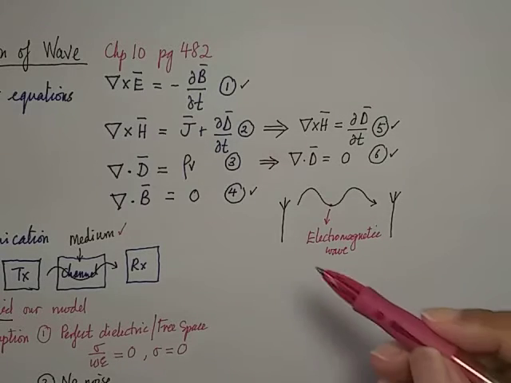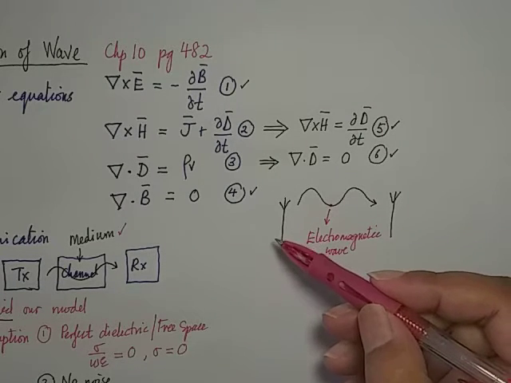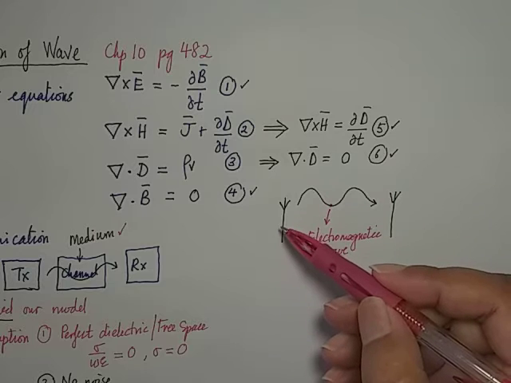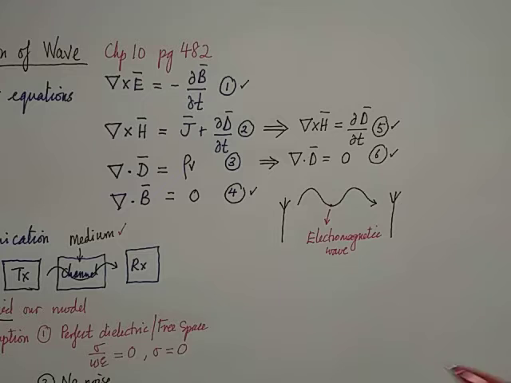Why? Because the source that we use to generate these waves is usually AC current. So that's what is going to be our wave propagating in the medium.